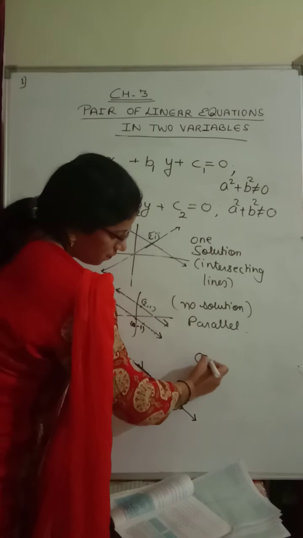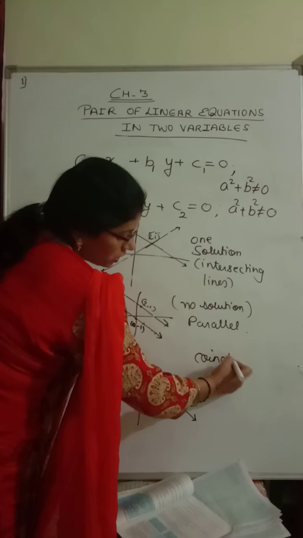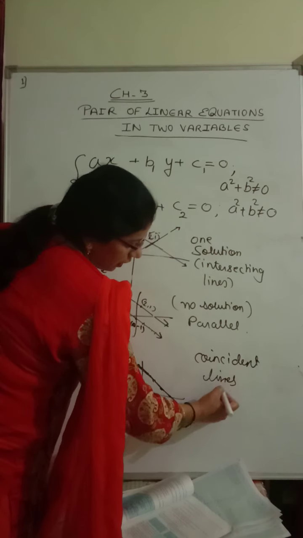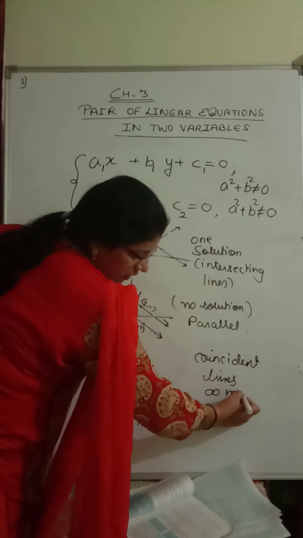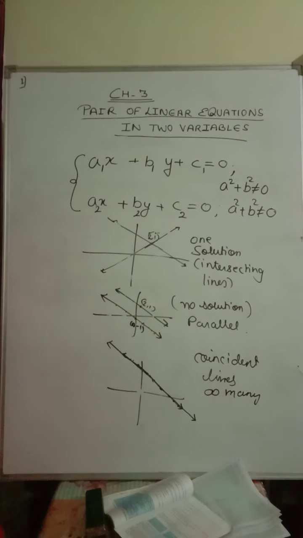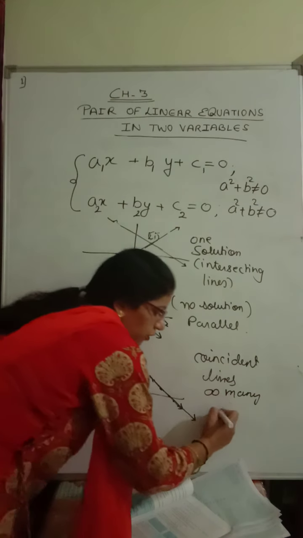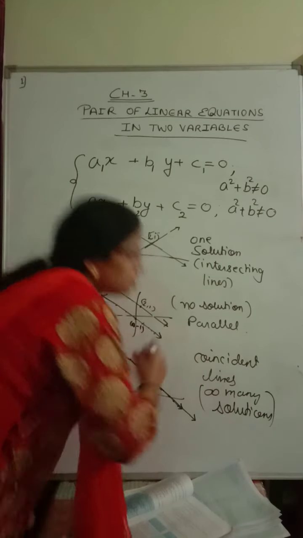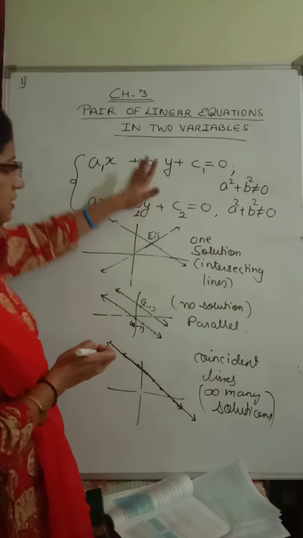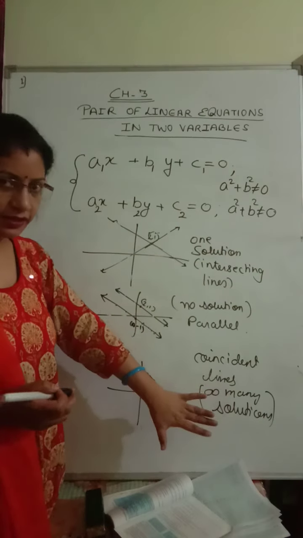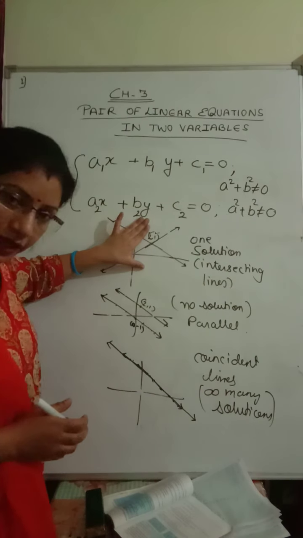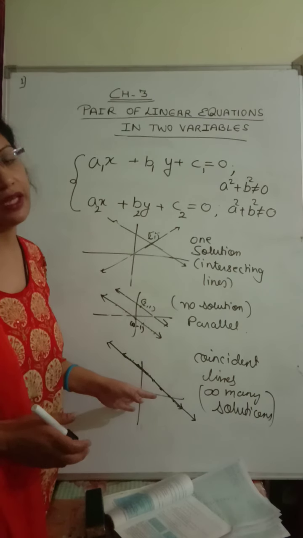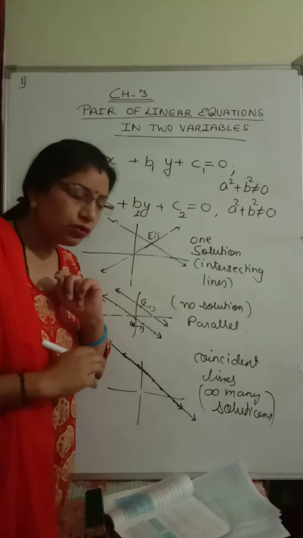So for coincident lines, there are infinitely many solutions. So for the two lines, three cases arise. The first graph can be like this, the second graph can be like this, parallel lines, and the third graph can be a coincident line. This should be clear to you.